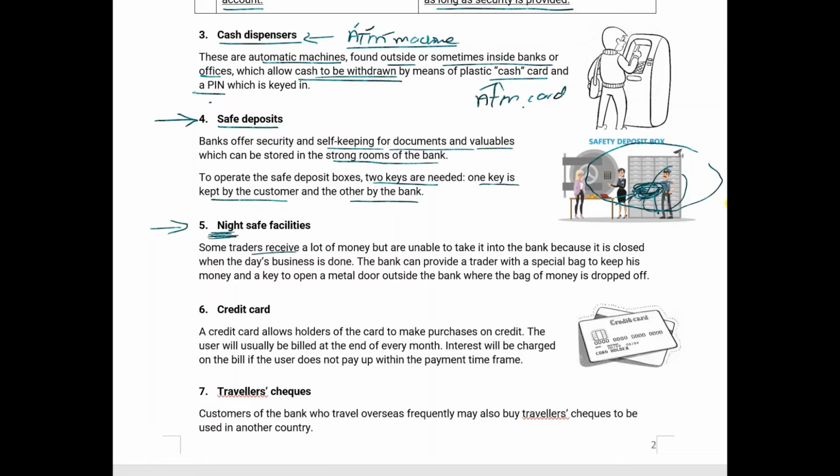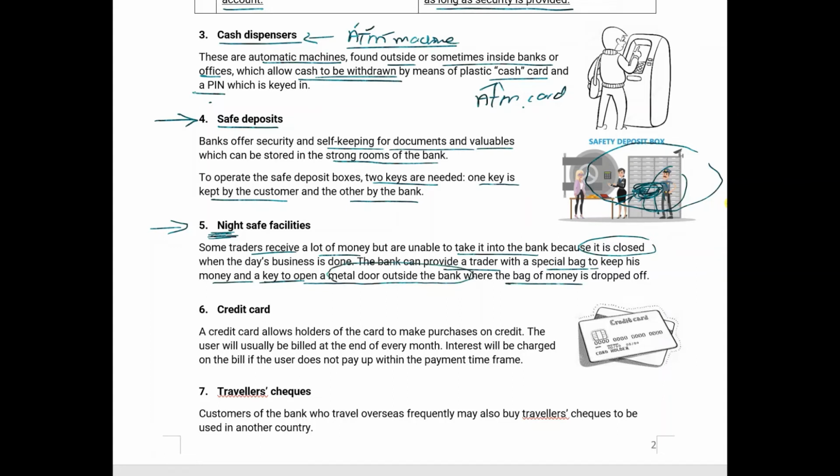Some businessmen receive a lot of money, but they are not able to take it to the bank because at night it's closed. So the bank opens up a night safe facility, and the bank will provide the businessman with a special bag to put the money in and a key to open the metal door outside the bank.